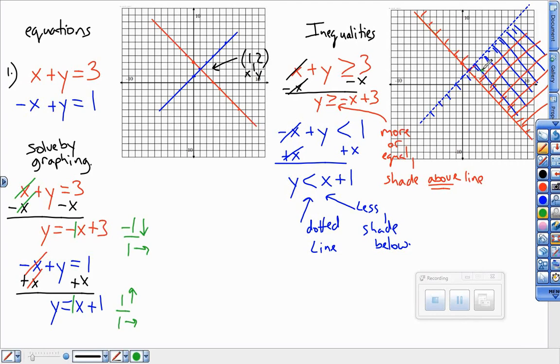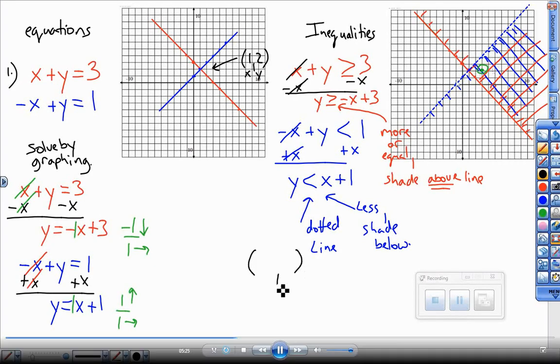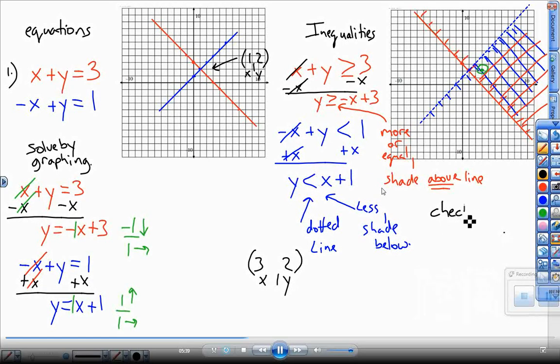So that point right there, which is the point 3 for x, 2 for y, in both shaded zones, should satisfy both inequalities. So that point, which is 3, 2, if I plug in x is 3, y is 2 into either of these or the changed forms, will give me true statements. So here I go. Here's my check. Write this down.